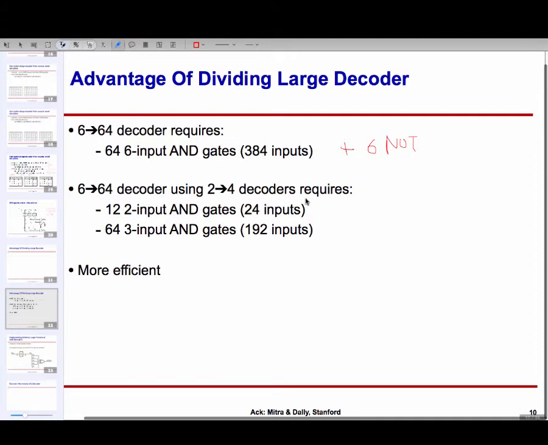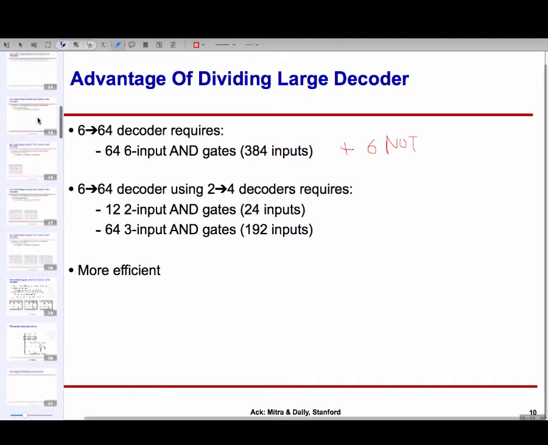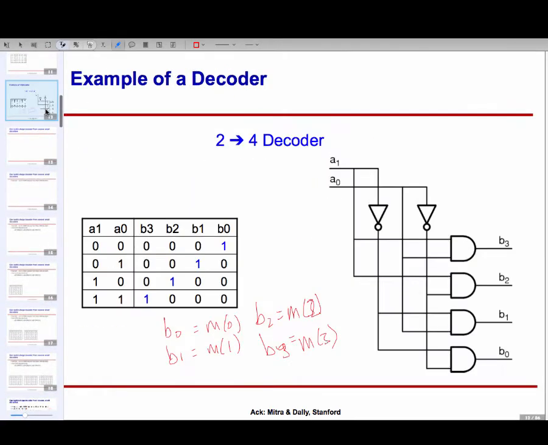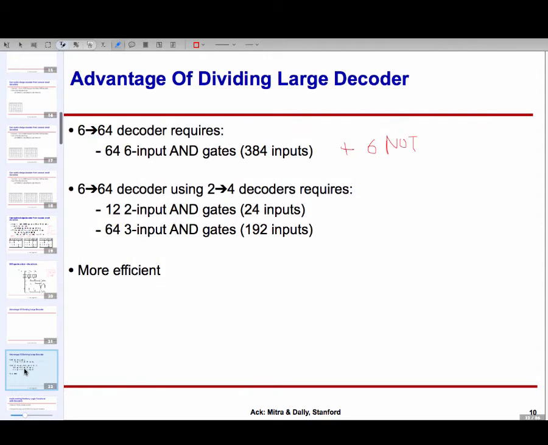Remember, to form minterms I also need the negated version. If you go back to the 2 to 4 decoder, see how I needed the 2 inverters? That's because I have to form every possible minterm out of it. So I will also need those NOT gates.